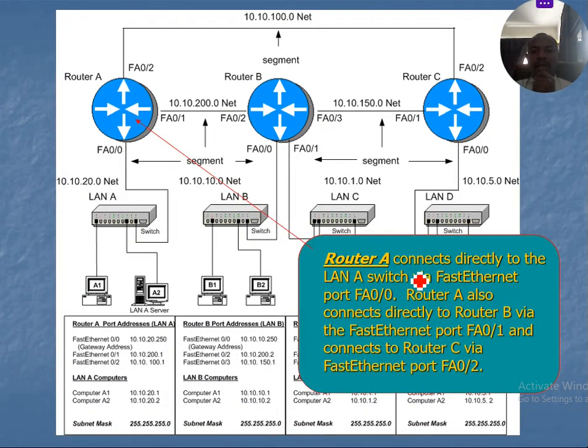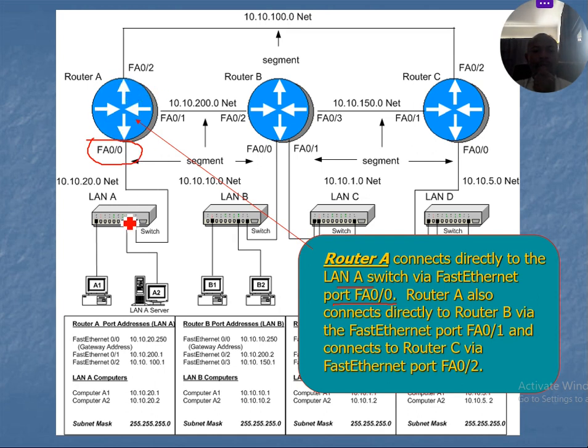Now let's take a look at router A again. Router A connects directly to LAN A through this port, a fast Ethernet port, FA0/0.